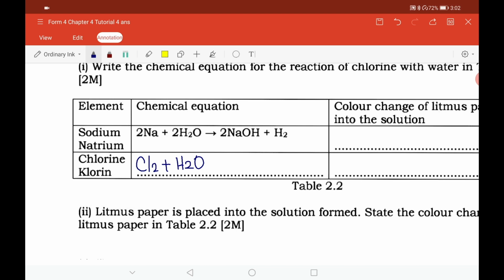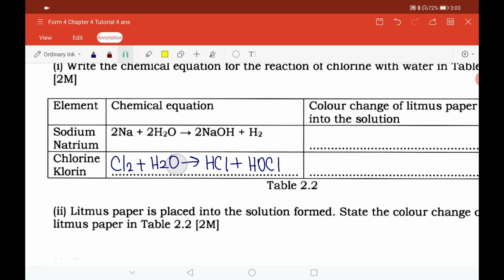Remember, when halogen reacts with water, you form 2 acids. Acid always has H. The first acid is H combined with the Cl, HCl. Then you copy the HCl again, so you have another acid, HCl, and in between the H and Cl you add the O, HOCl. You must always make sure the chemical equation is balanced. This equation is already balanced, so we don't need to add any number.